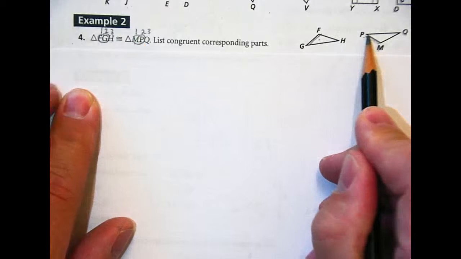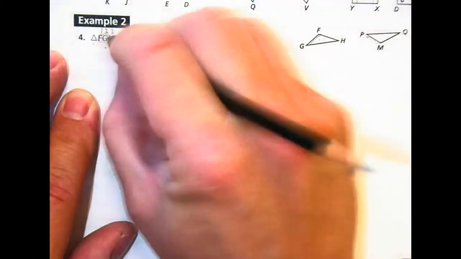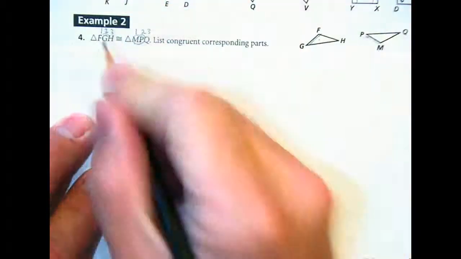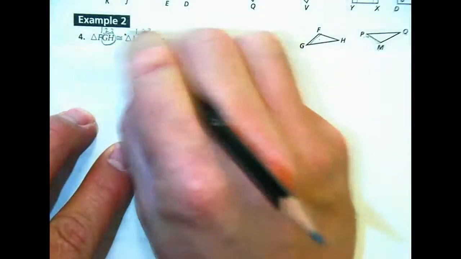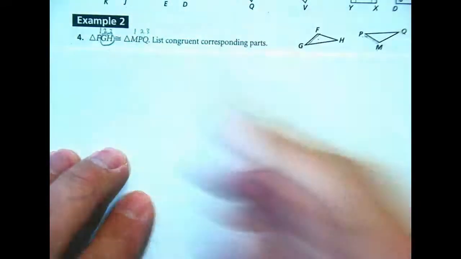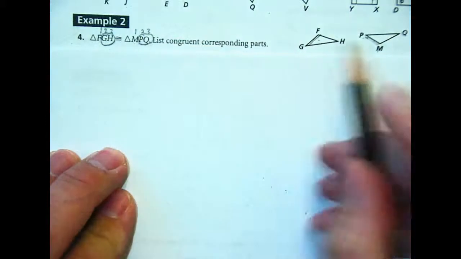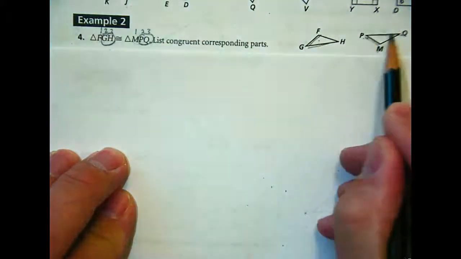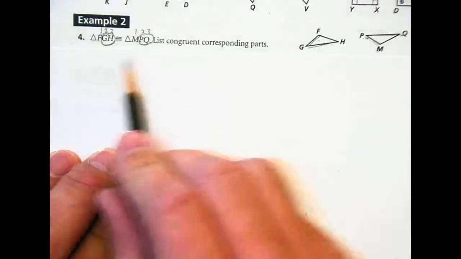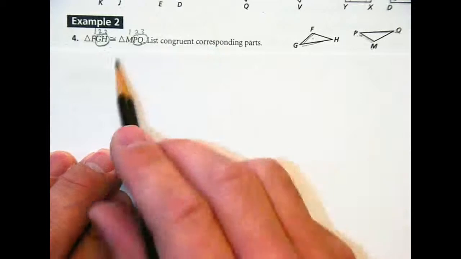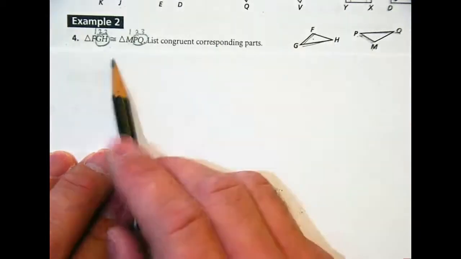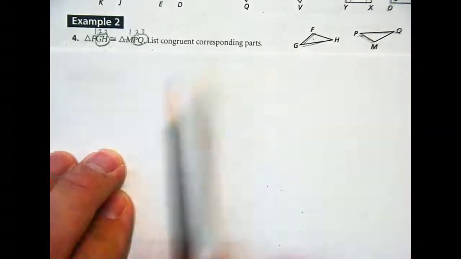Everyone see that? Also means that GH should be congruent to, tell your neighbor. Good, PQ. So GH to PQ. You should be able to look at how they write it here and then verify by looking at the picture. Yeah, go ahead, Bethany.